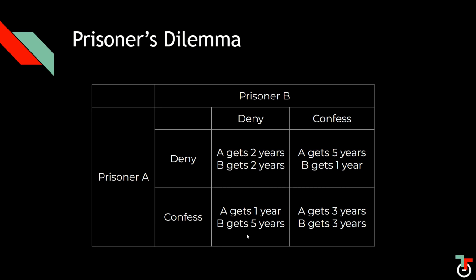Well, they both get 3 years. If prisoner B confesses and prisoner A denies, this scenario is just reversed. Prisoner A will get 5 years because prisoner A did not tell the truth, and prisoner B will get rewarded for telling the truth and only have to serve 1 year. But if they both deny the allegations, they get 2 years.